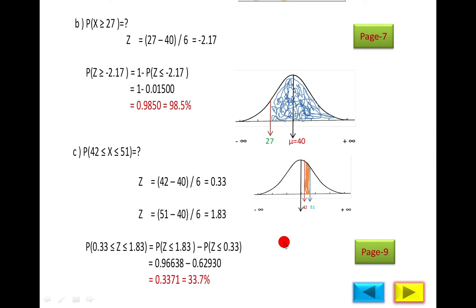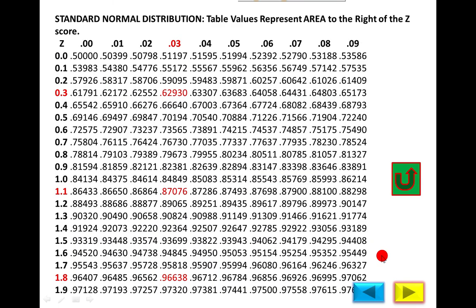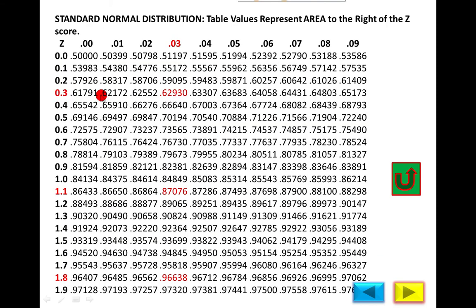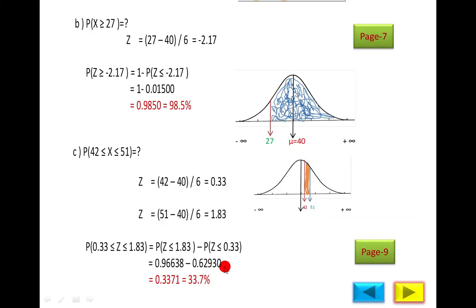So we will find the probability of these values from the table, 1.83 and 0.33, given on page number 9. 1.83 first: 1.8 and this 3. So for 1.83, 0.96638. And for 0.33: 0.3 and 3, 0.62930.